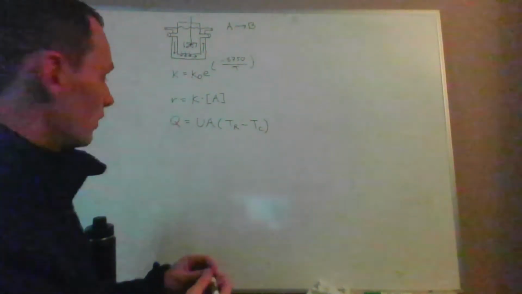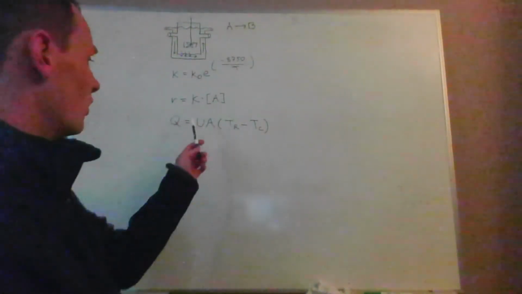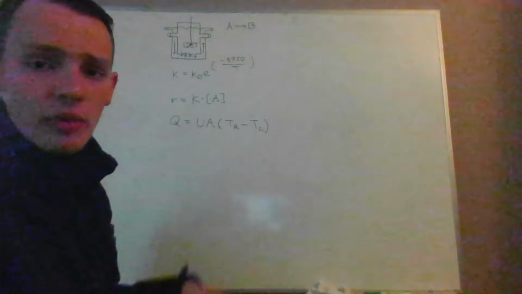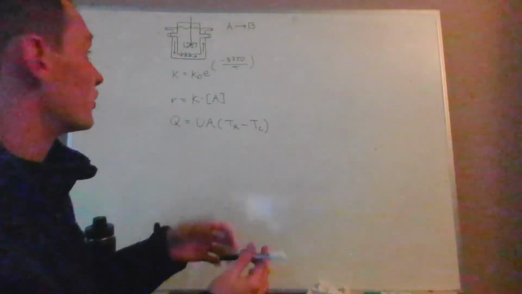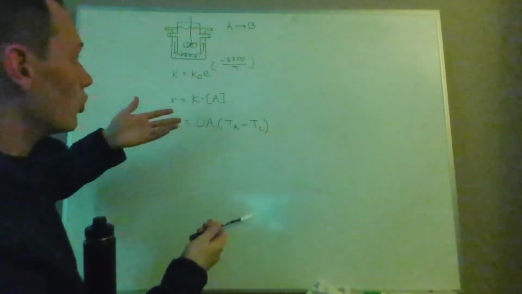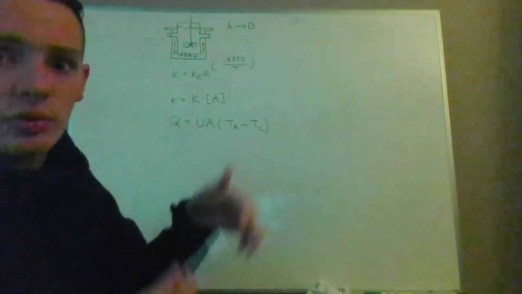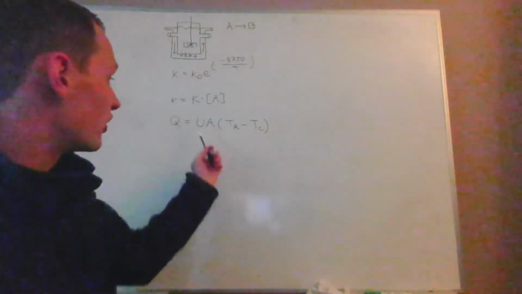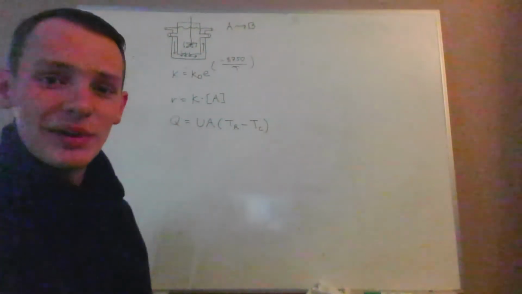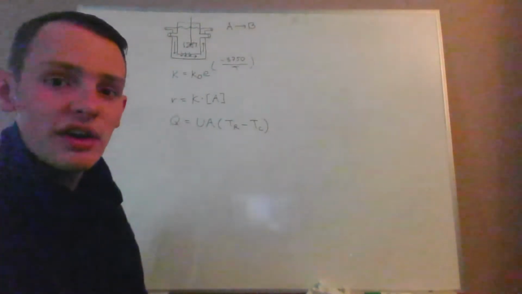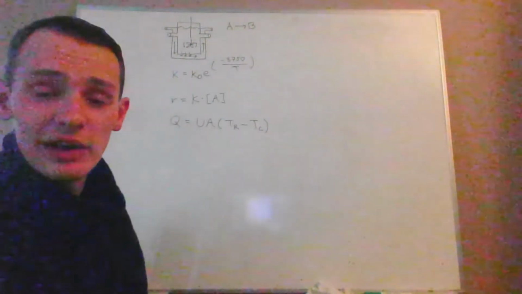Also keep in mind that for UA, there is another equation for the rate of heat transfer that depends on the surface area exposed to the coolant, the distance between the two, and all of that. But fortunately, they just give that to us as a constant UA, and we just multiply it by the difference in temperatures for the rate of heat transfer.